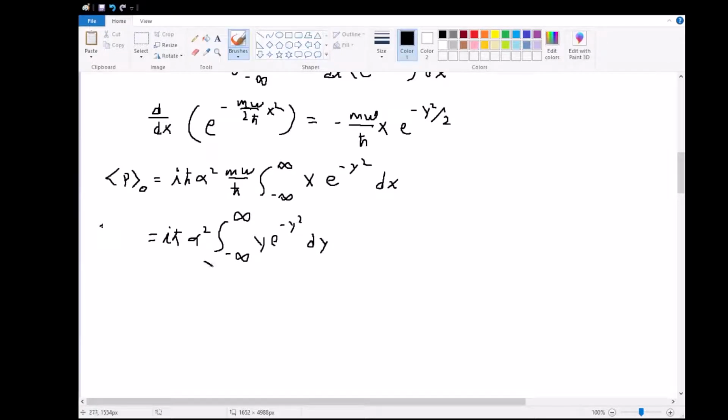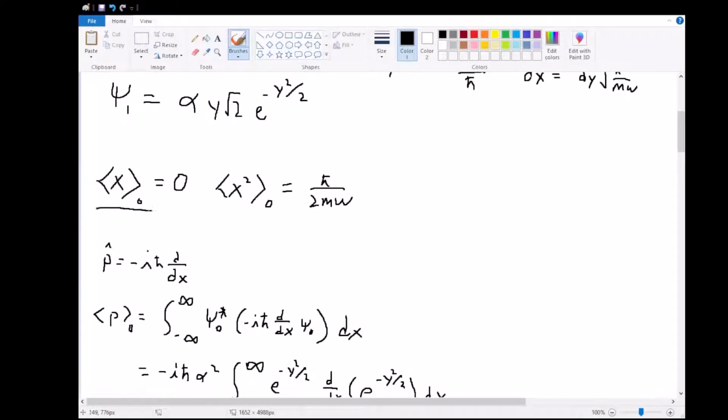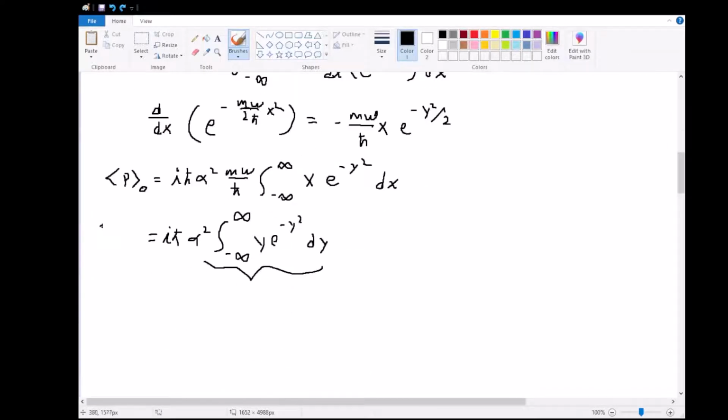Hopefully this looks similar to when we calculated the expectation value of x in the psi naught state. I've already done this once, so I'm not going to do it again, but this integral is equal to 0. The way we solve it is we take advantage of the fact that d by dy of e to the negative y squared is equal to negative 2y times e to the negative y squared.